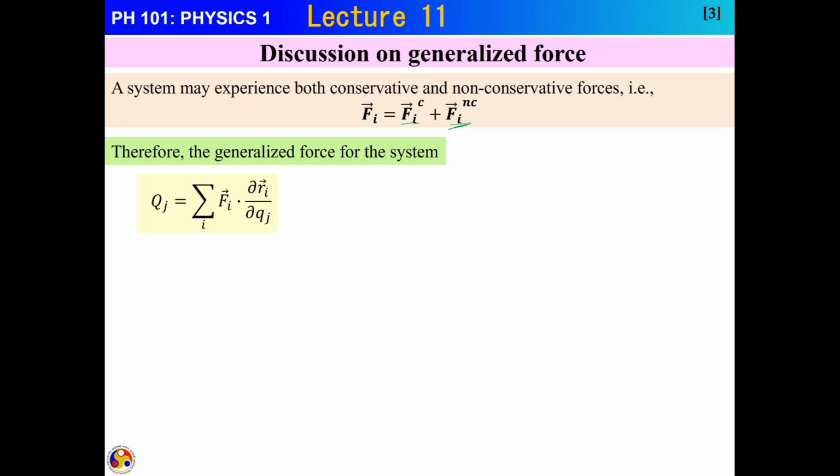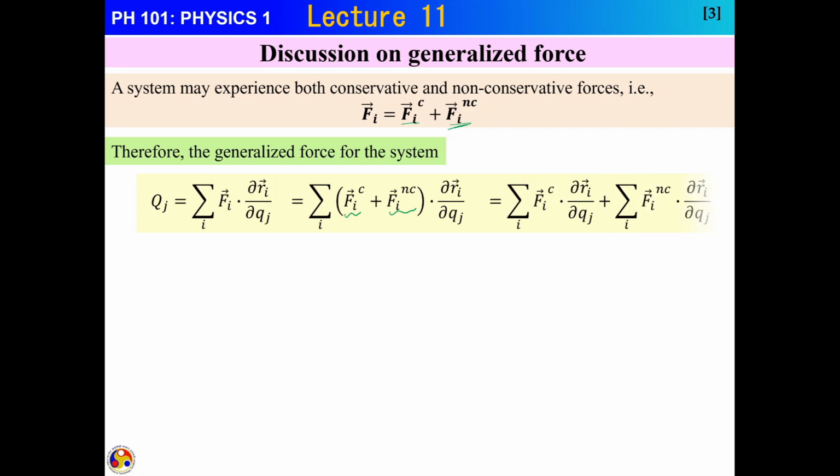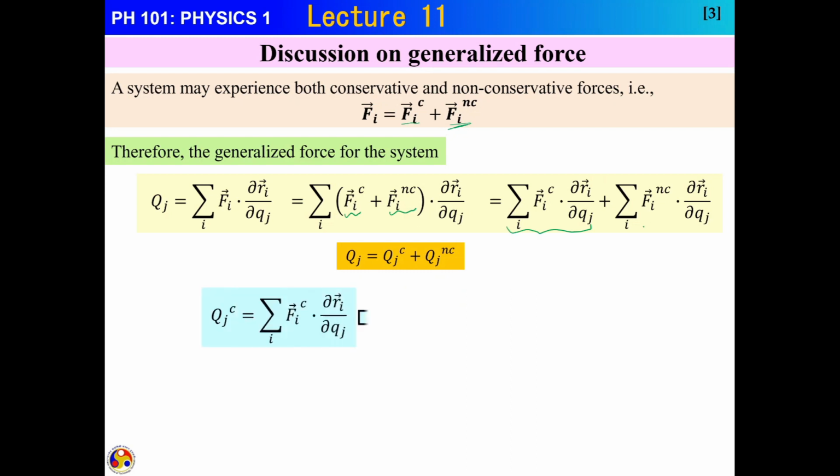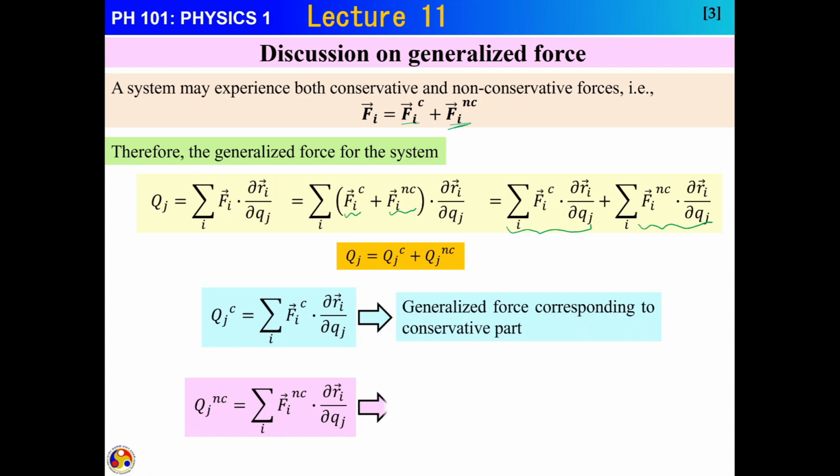So now we can write it by substituting these conservative and non-conservative forces, which can be separately dealt with by taking the generalized force due to the conservative part and the generalized force due to the non-conservative part. So the QjC is basically a generalized force corresponding to the conservative part.